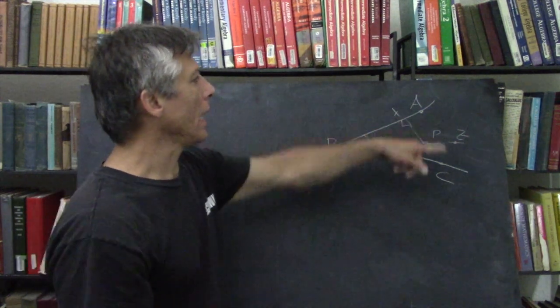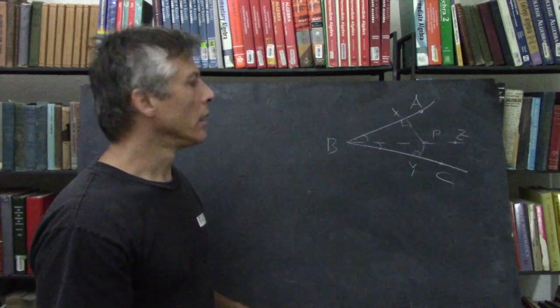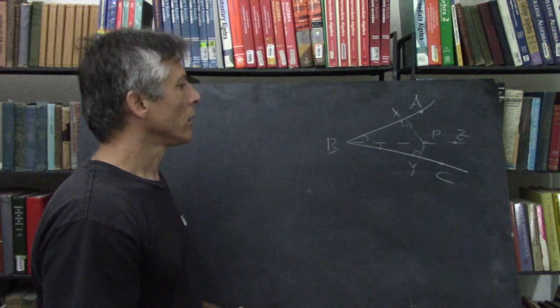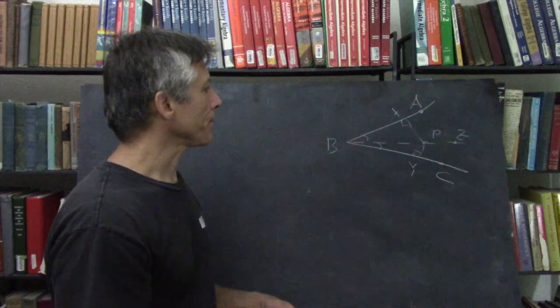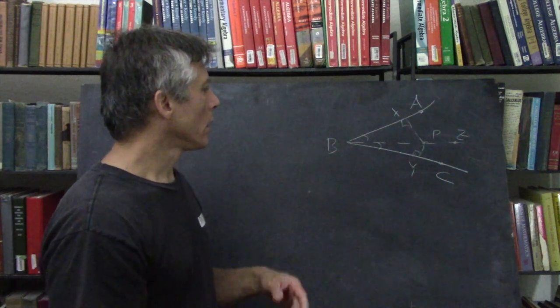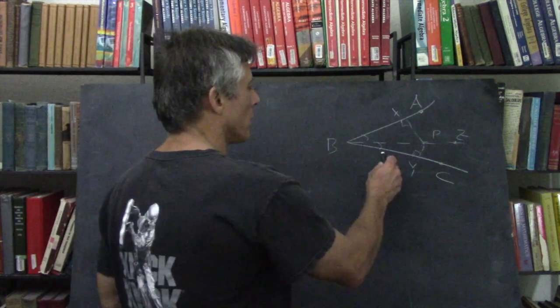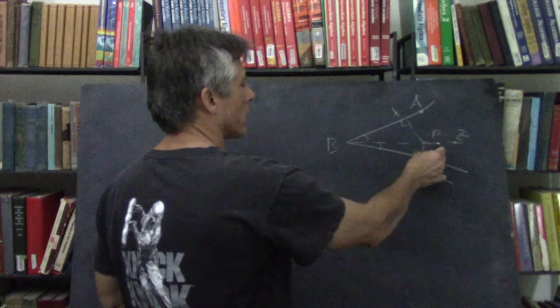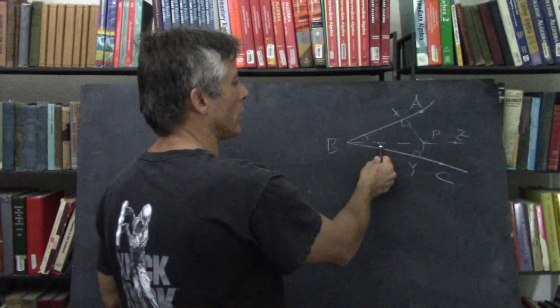So if we go from P to A, that'd be the distance from P to A instead of from P to the line. We want to get generally the shortest distance, and that'll be the perpendicular. So we've got this bisecting the angle, so we have two equal angles.